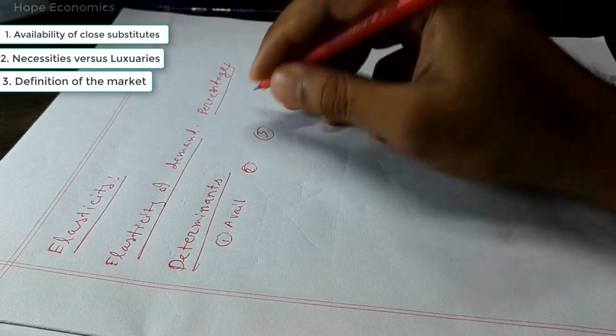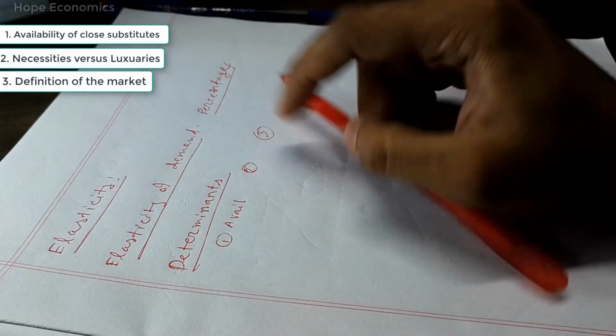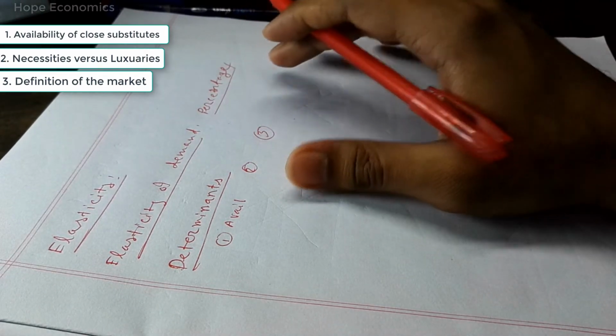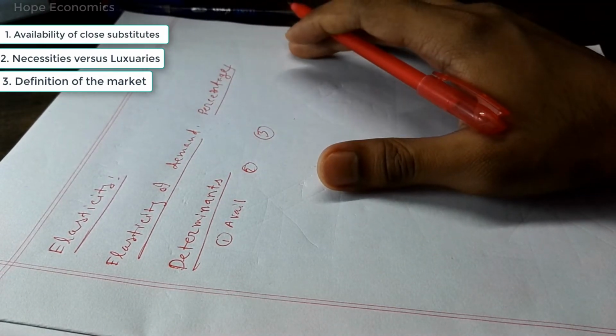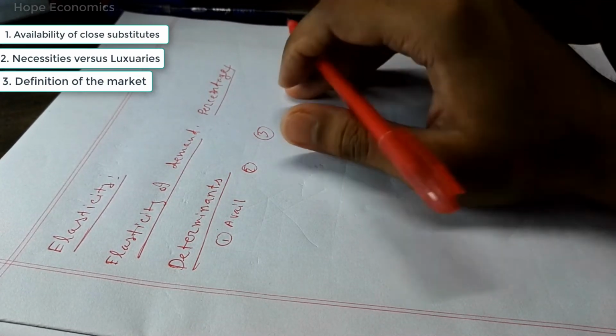Number three is the definition of the market. This is quite tough, but in the case of a broad market it's kind of elastic. In the case of a narrow market it's kind of inelastic. Sorry, I'm extremely sorry.